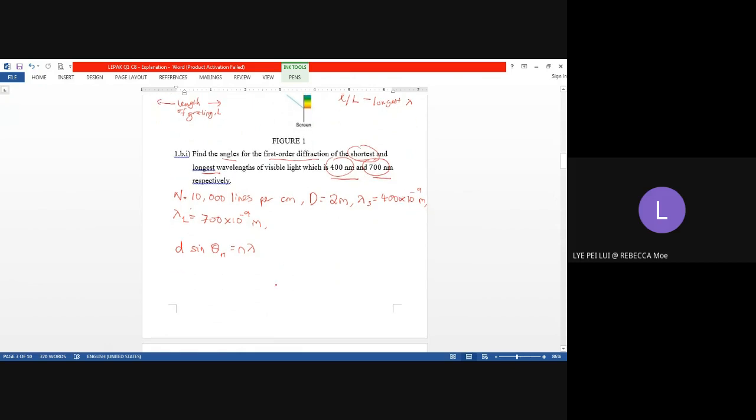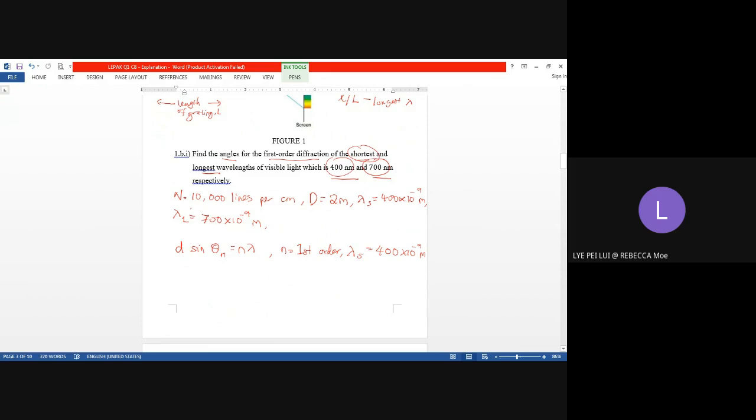And when the order is first order and the shortest wavelength is 400 nanometer, you substitute in the equation.